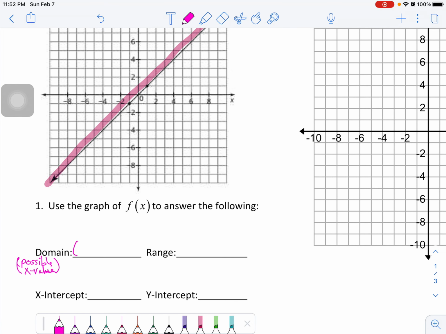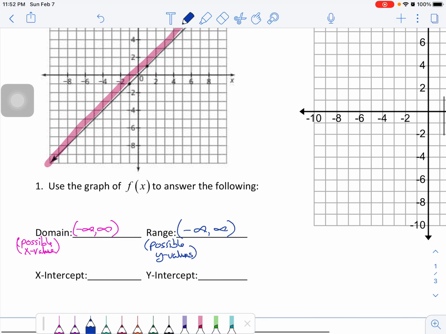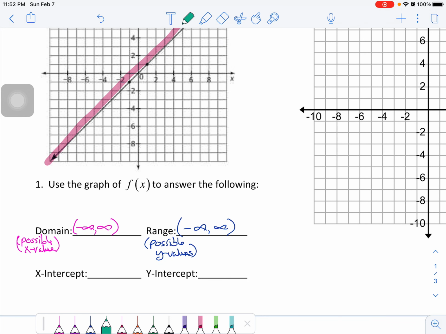And the answer is everything. So the domain here is going to be everything from -infinity to +infinity. Okay, those are your possible x values. Range are your possible y values. So what could we use here for y values? Again, the answer is everything. Now that's not true for all functions, but it is true for linear functions.